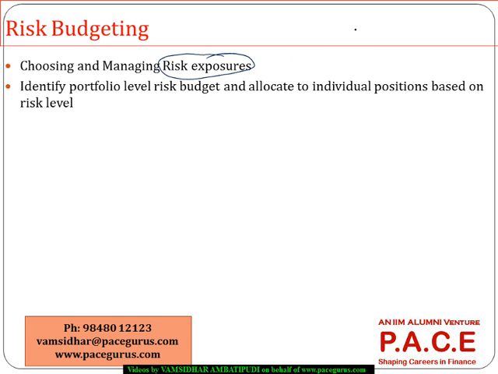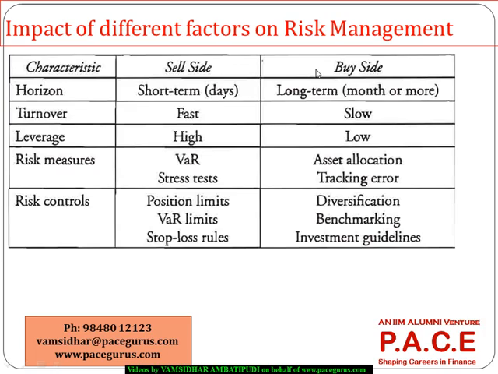So, at an organization level, identify the risk capital that is required based on the risk adjusted return and allocate this risk capital, which has been designed at a firm level, to each individual portfolio or individual position. You allocate the organization level risk budget, and after that comes the risk monitoring or the tracking part.